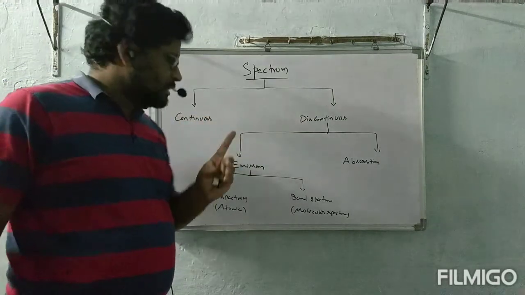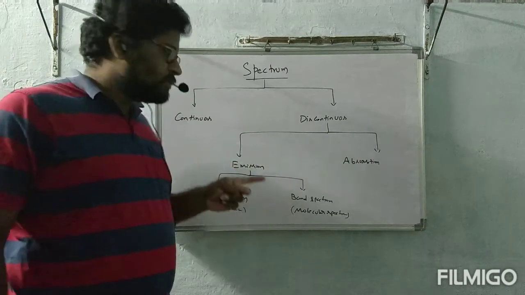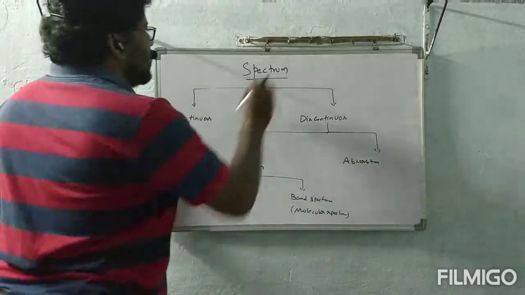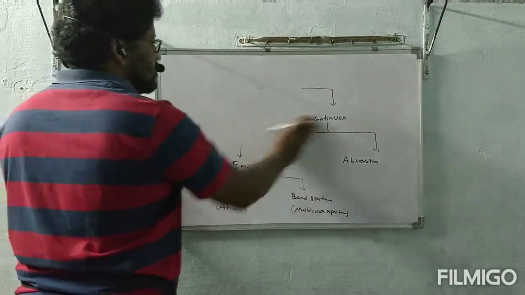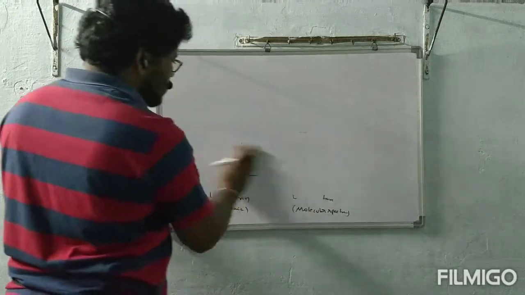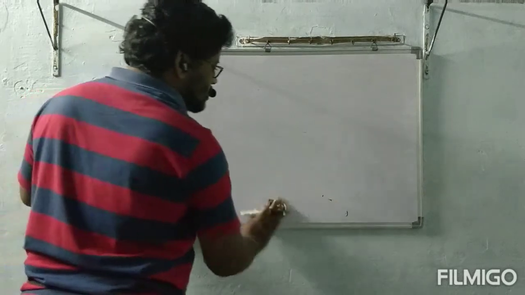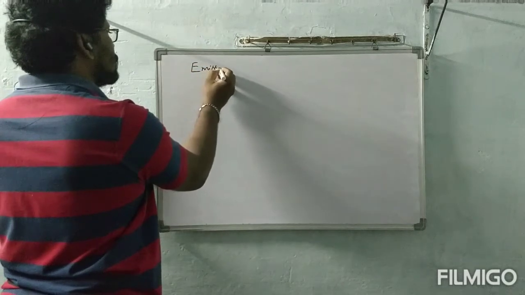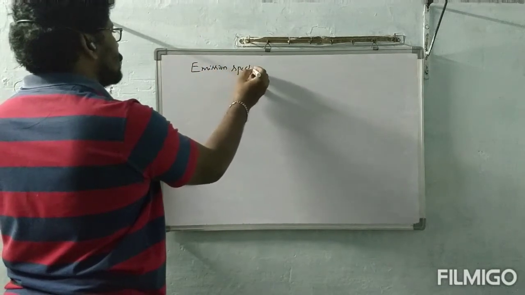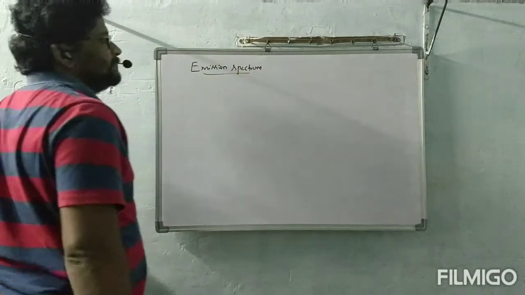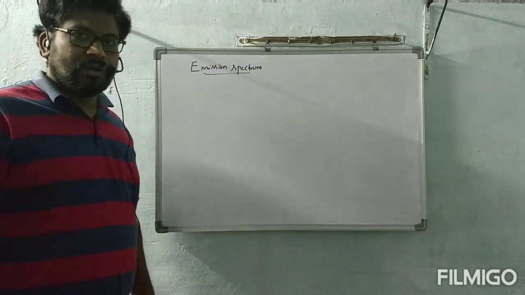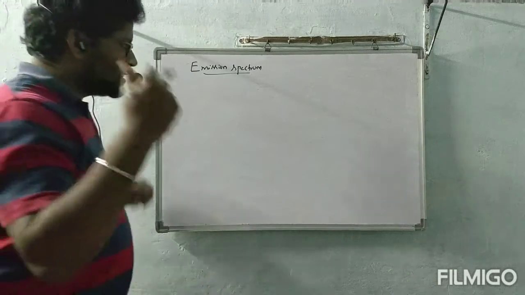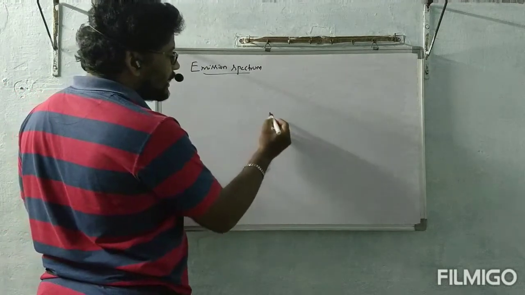Now coming to discontinuous, we have two types, emission and absorption. First we will see emission spectrum. You already know the process of formation of the spectrum, which we have seen in the hydrogen spectrum. Let us consider any one atom.